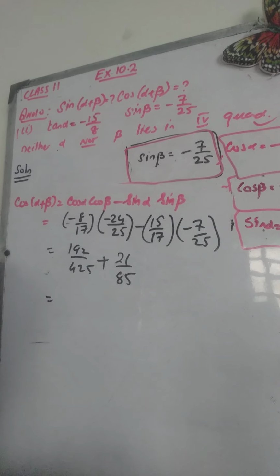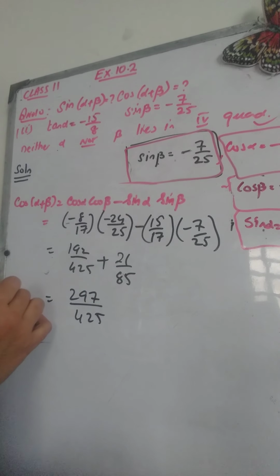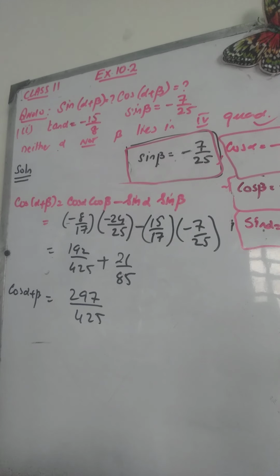Adding these two, what do we have? 297 over 425. So cos of alpha plus beta is equal to 297 over 425. This completes the solution of the question.